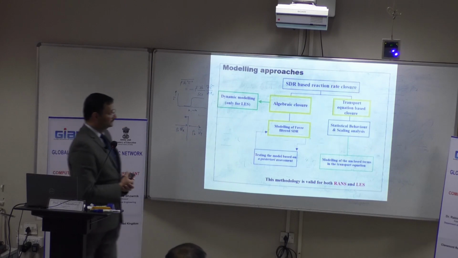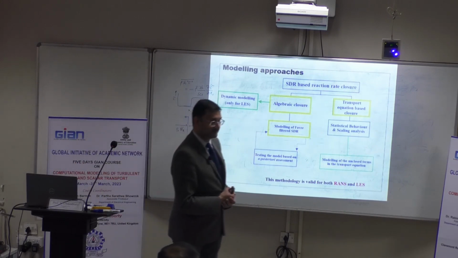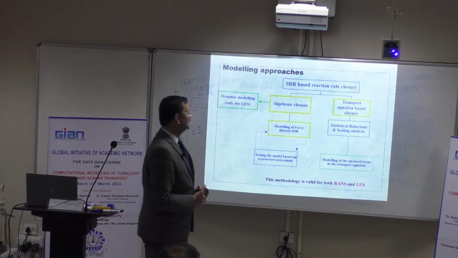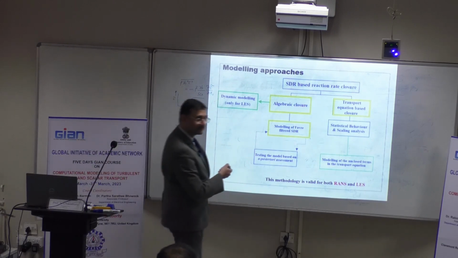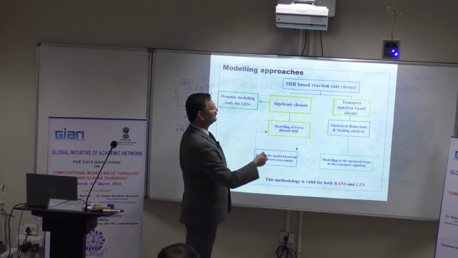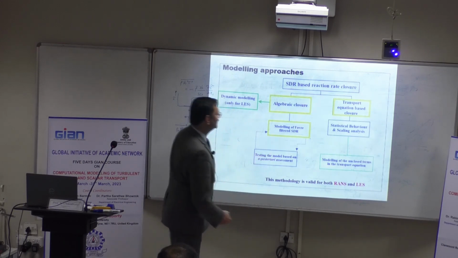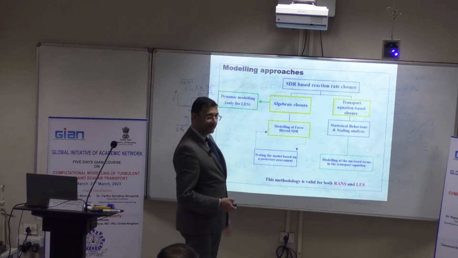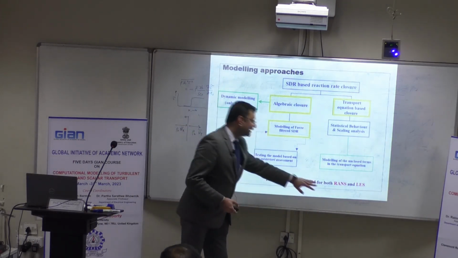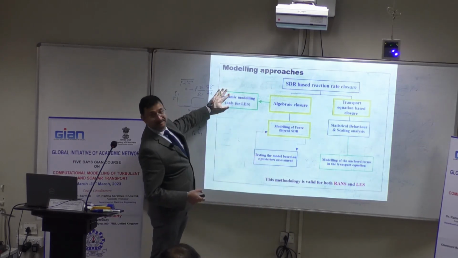Now, scalar dissipation rate closure. You have two options: algebraic closure, or you actually go for a transport equation based closure. We talked about this idea before, okay? And both are valid for RANS and LES, but this is specific to LES.